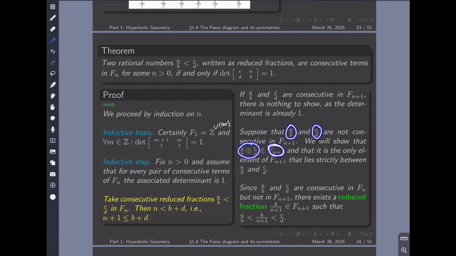In other words, it's a witness that they are not consecutive in Fn plus 1 because their naive addition lies in between. And moreover, one proves that it is the unique element of Fn plus 1 that lies between them.